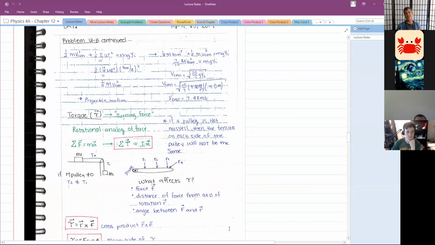If you remember, I was mentioning that every linear equation we've had has an angular counterpart. Well, the big giant equation that most of this course is based on is the sum of the forces equals ma, Newton's second law. You cannot derive this equation.